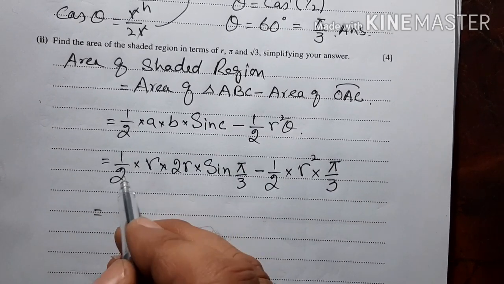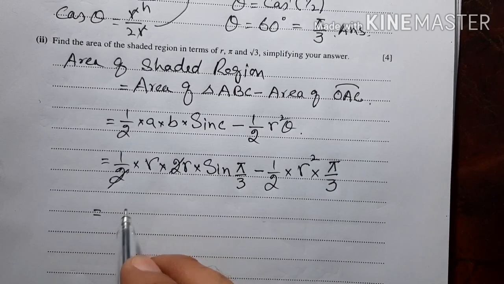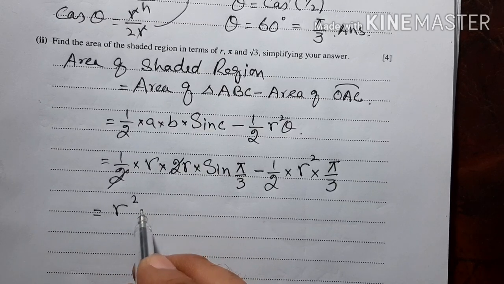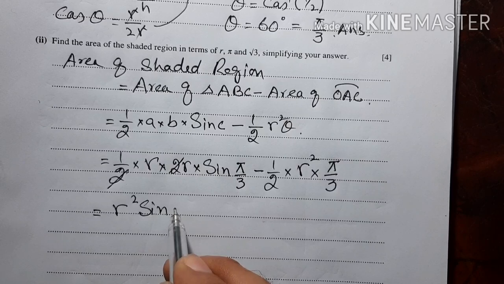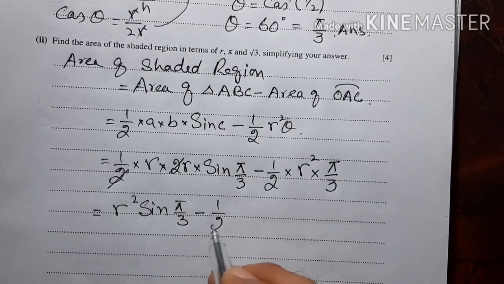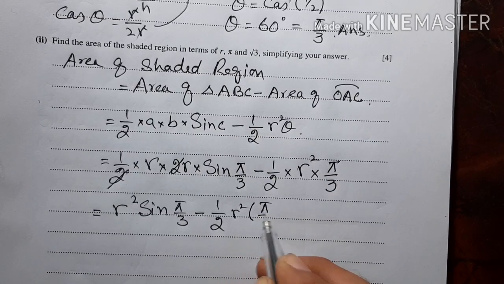Okay, now this 2 will cancel with this one. It will become r square sine pi by 3 minus 1 over 2 r square pi by 3.